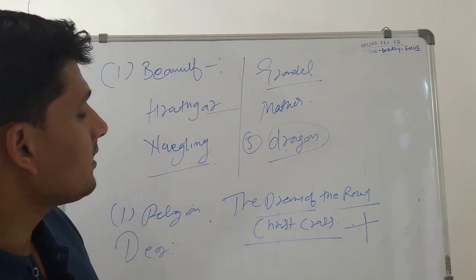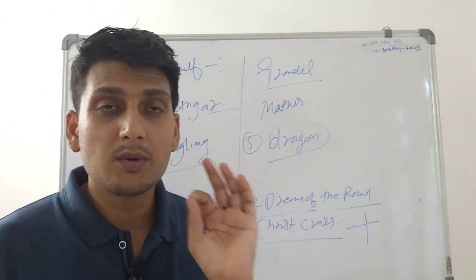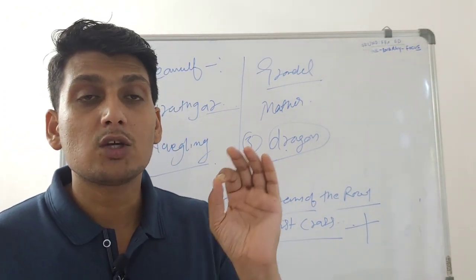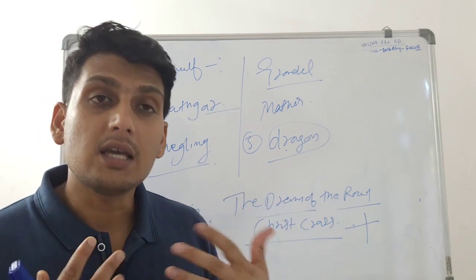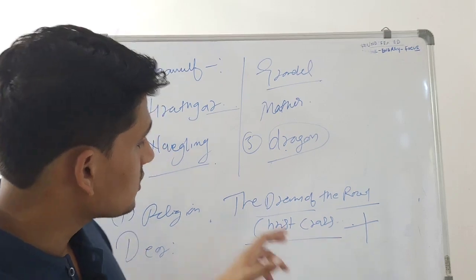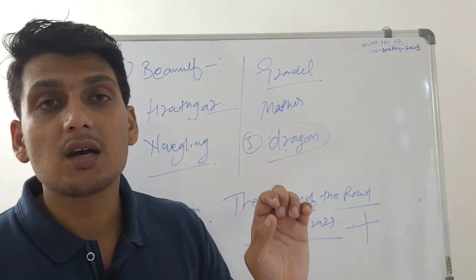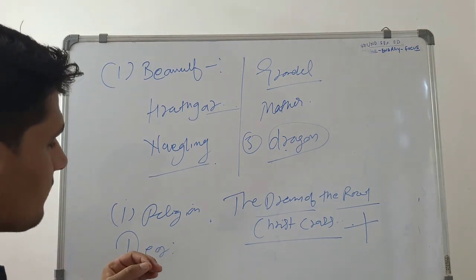There is a person who has a dream about it, who witnessed the crucifixion of Jesus, and he is narrating the account of that crucifixion. This is what The Dream of the Rood is about. These are the three poems that we have covered.